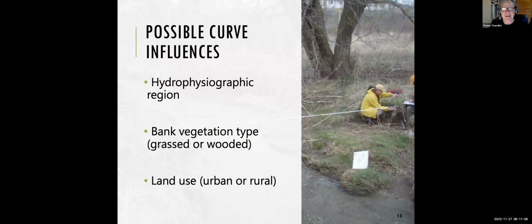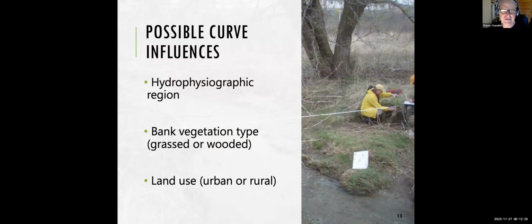So one thing that's important is, what are some of the possible influences on regional curves? What are some of the things that affect how big a channel is going to be in a certain part of the world? One thing is certainly the hydrophysiographic region it's in, the amount of rainfall it gets, what the geology is like.